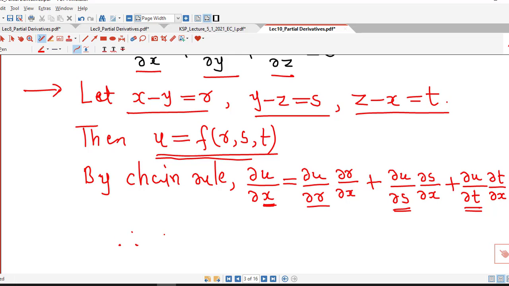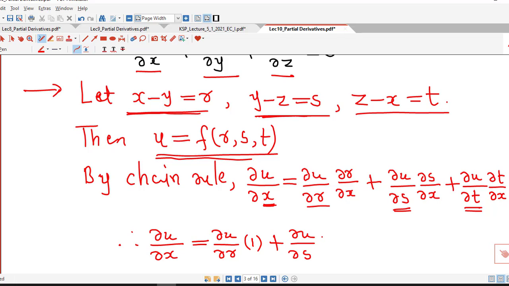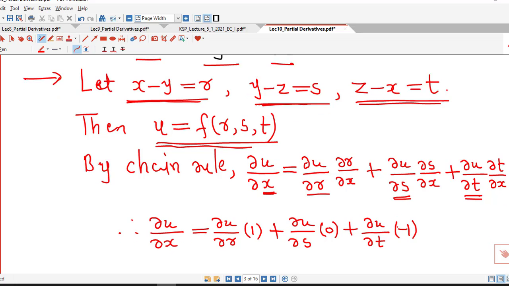So therefore del u by del x is del u by del r into del r by del x. So del r by del x is 1, plus del u by del s into del s by del x. There is no x in the formula for s, so it becomes constant, derivative is 0, plus del u by del t into del t by del x, which is 0 minus 1, that is minus 1.